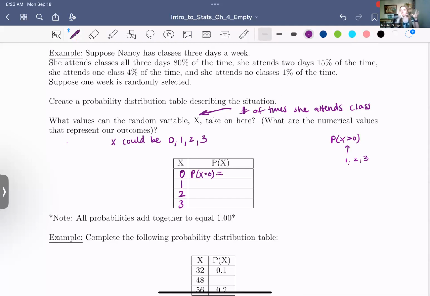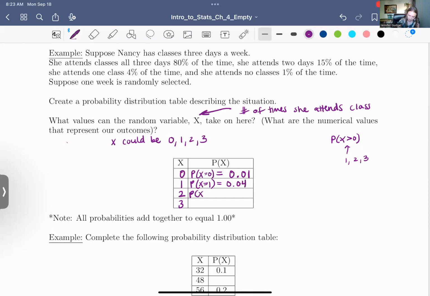Again, just a little intro. So p of x equaling 0 is equal to 1%, right? She attended no classes 1% of the time, or 0.01. All right, what was the probability that x was equal to 1, meaning that she attended class exactly 1 time in the week? 4% of the time, right? 4% of the time, so 0.04.